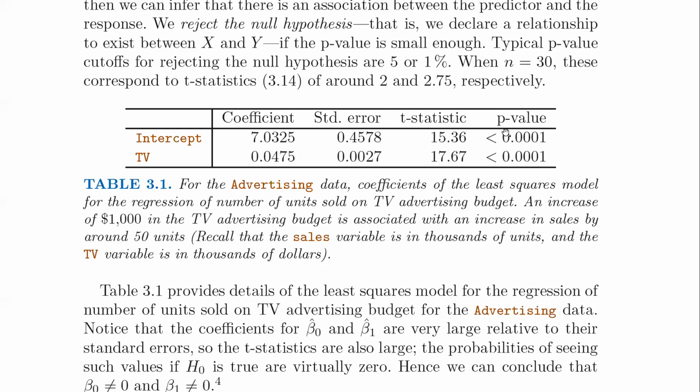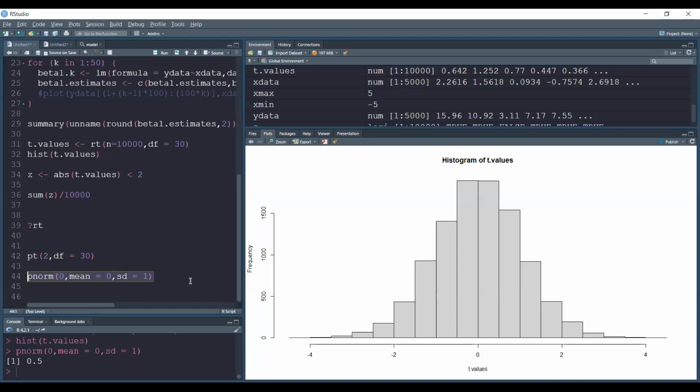So I think we've calculated this. The p-value is less than 0.001 because when we give it 15.36, you get 1. Right.